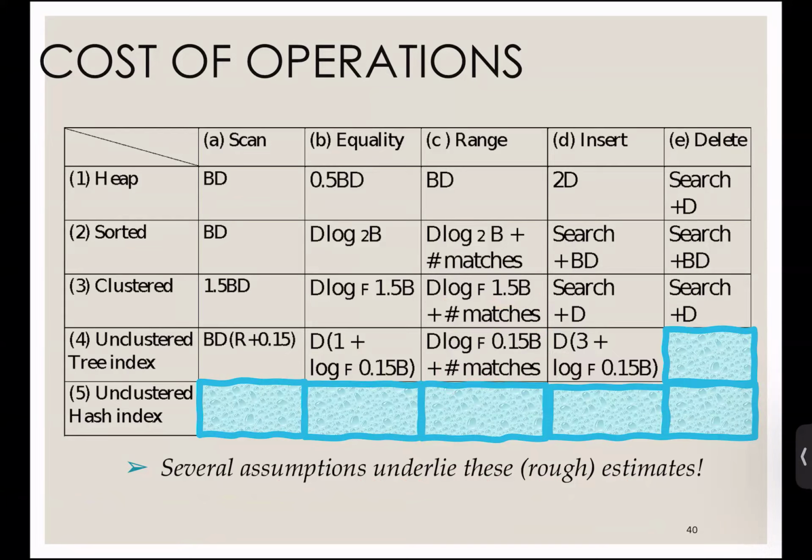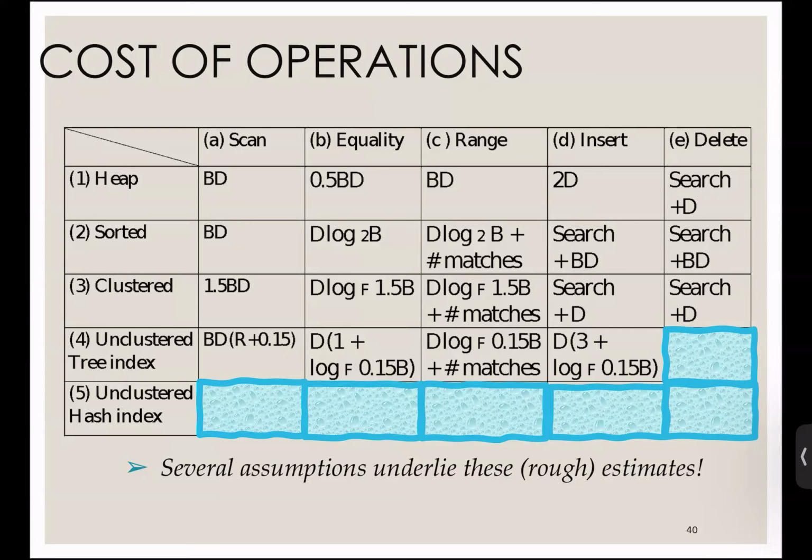Okay, the next one is insert. Pay attention on this one because there are many extra steps that we need to do for unclustered tree index. First, if you want to insert something into the existing tree, where should I insert it?